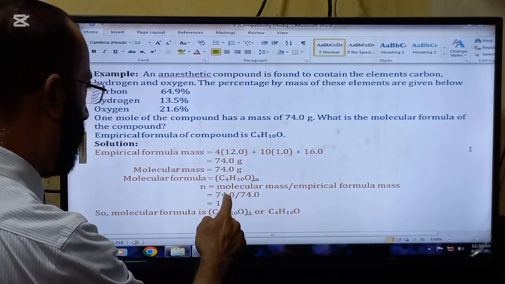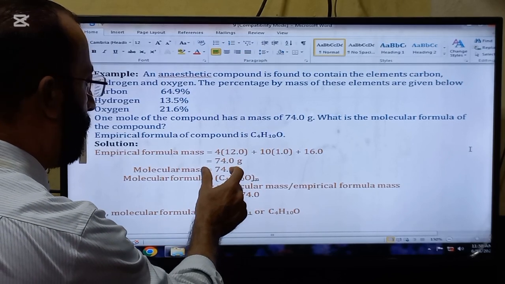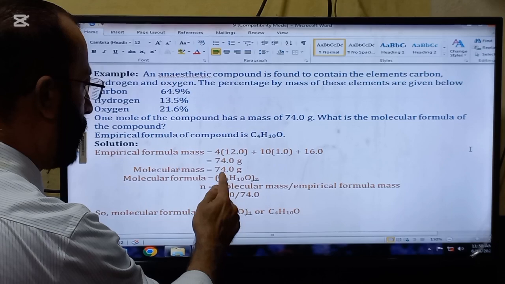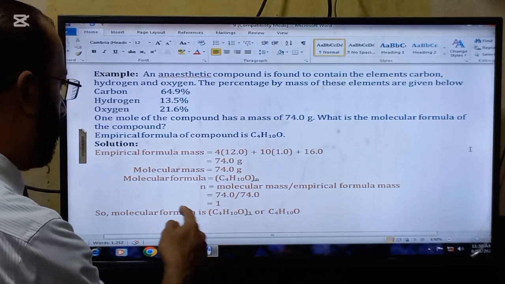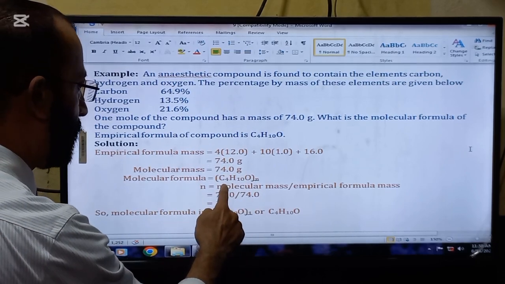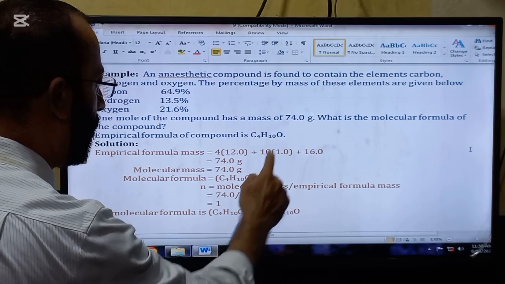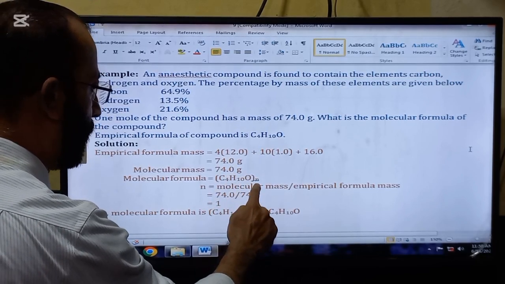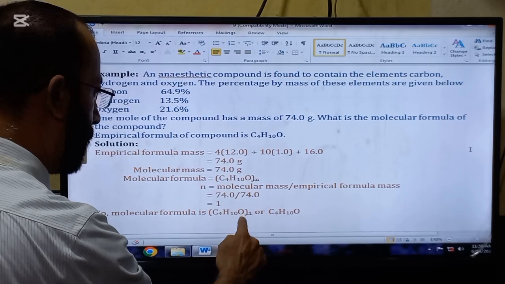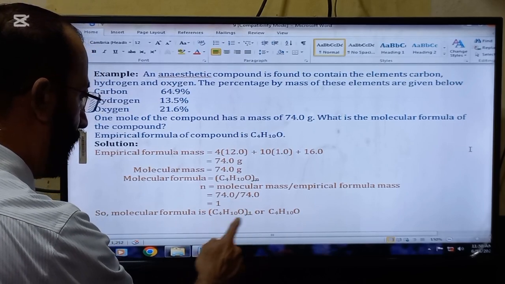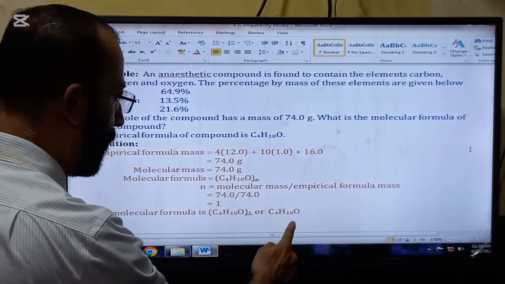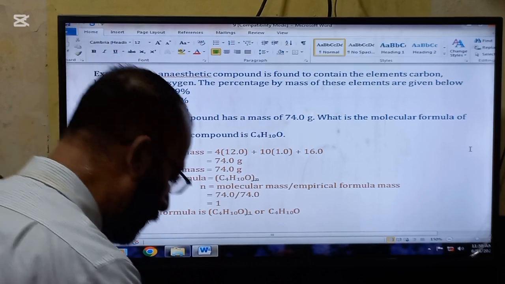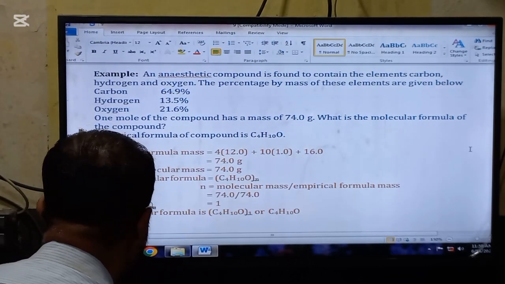So now n will be found by molecular mass over empirical formula mass. That will give us answer 1. So molecular formula will be C4H10O. So this is the empirical formula. So this will be written inside the bracket, and the answer 1, that is n, will be written outside. So 1 will be multiplied inside. So same formula will be there as the molecular formula as well.